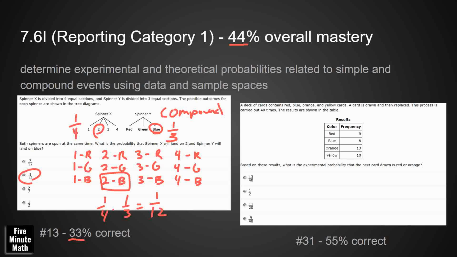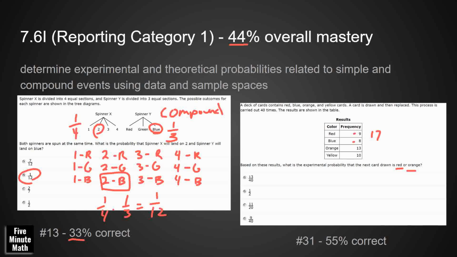And then 55% here, got 31, so a little bit better. So we just need to say, they already give us the numbers here, so it's a simple event, even though we are drawing two of these cards, we're doing it at the exact same time, red or orange. So red or orange are 17, right?